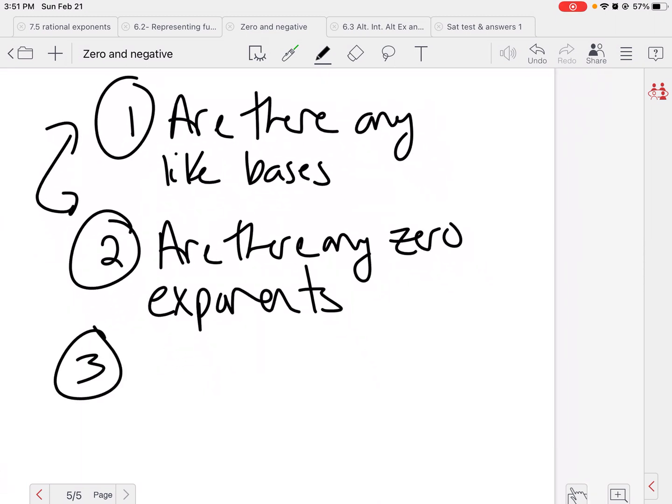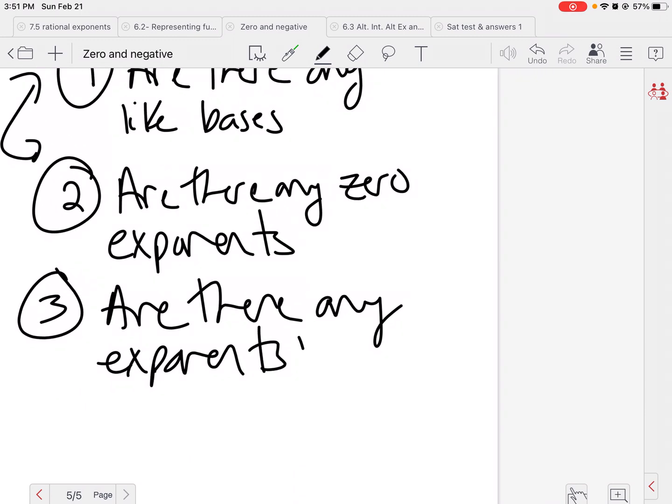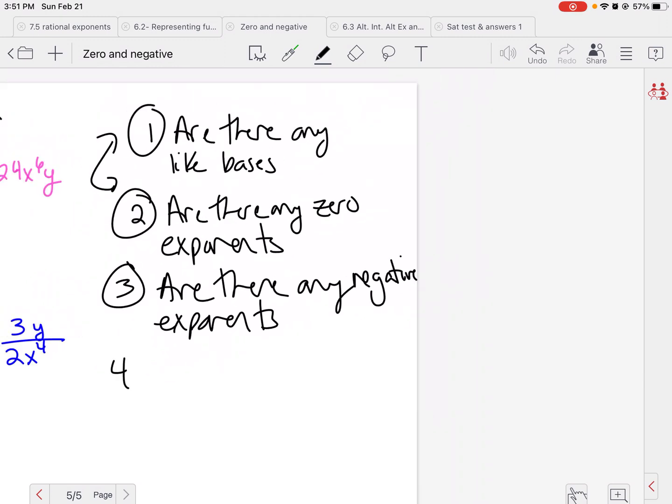Okay, so 3, are there any negative exponents? And we usually ask this last, or second to last, just because sometimes you create negative exponents. Are there any negative exponents? Sorry, I guess I should move that word up here. Okay, and then finally, are there any number bases like we just dealt with there?